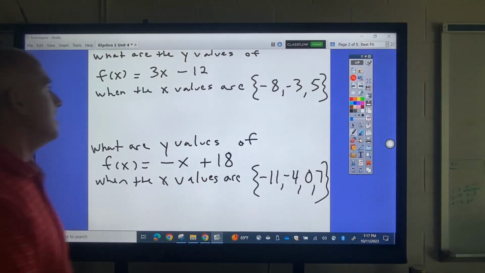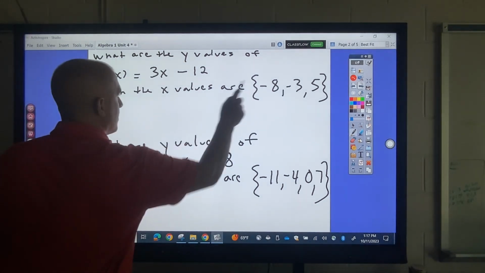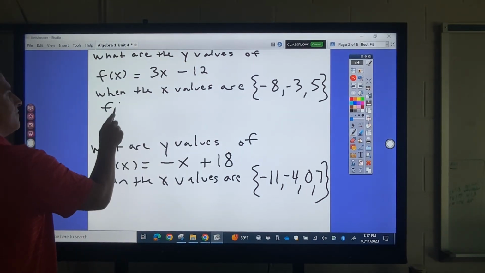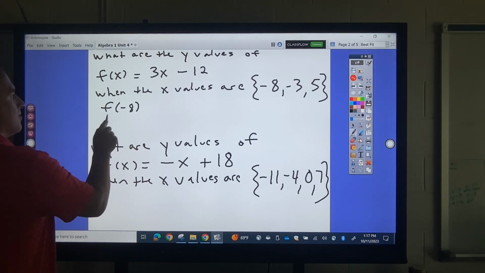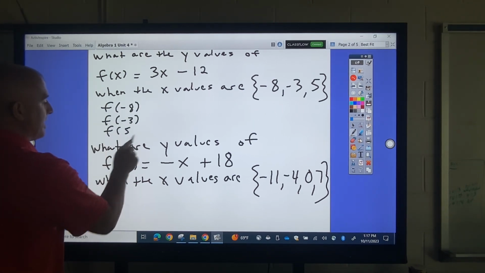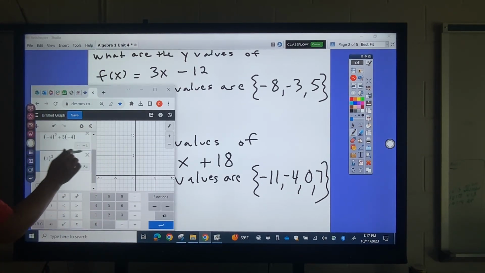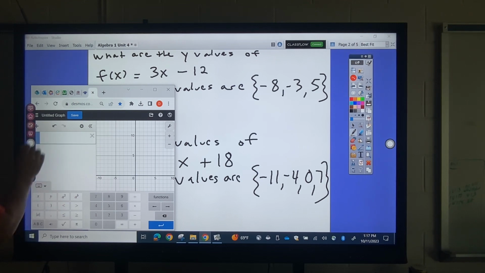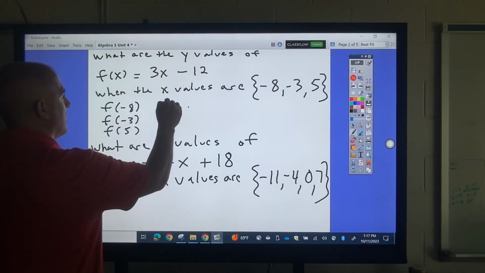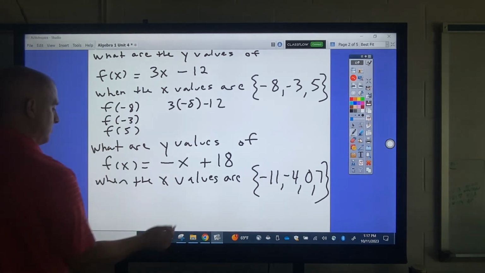All right, now, this is a very similar concept. It says, what are the y values when f of x equals this, and these are your x values. So here's what this means. They want you to find f of negative 8, f of negative 3, and f of 5. So basically the same thing we've done. So for this, I would do 3 parentheses negative 8 minus 12.